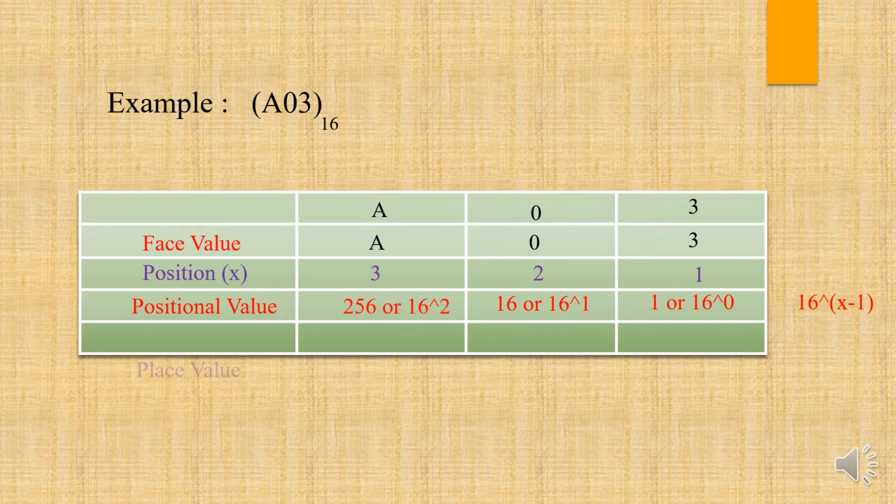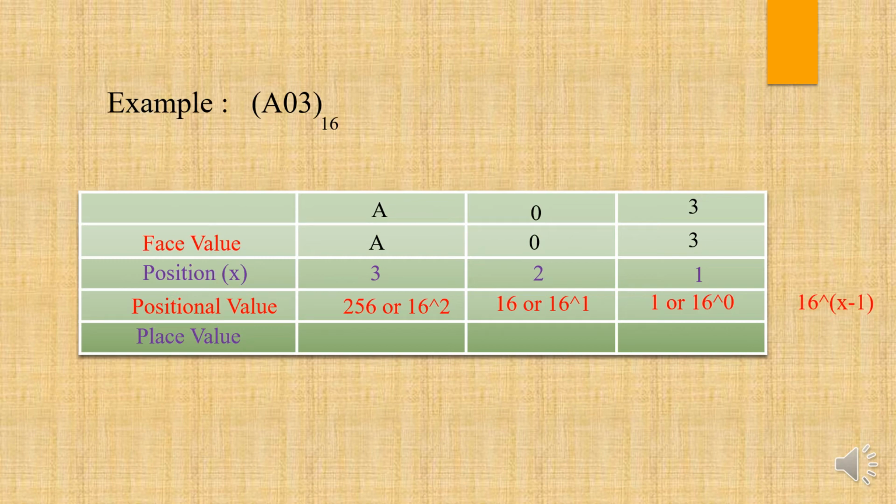Okay, now come to the place value. Each digit has a value based on its position, called the place value, right? If you multiply the positional value by its face value, then we get the place value.